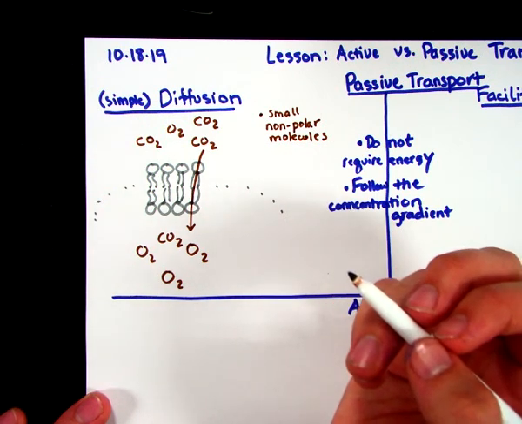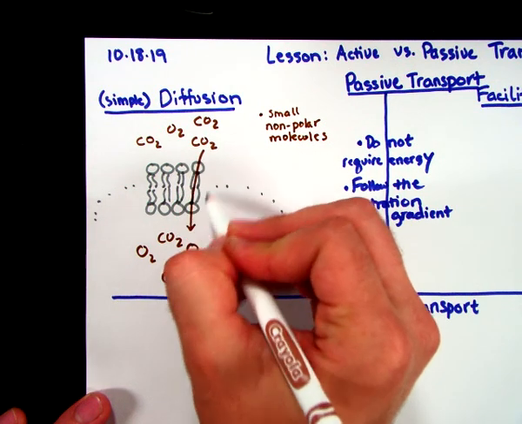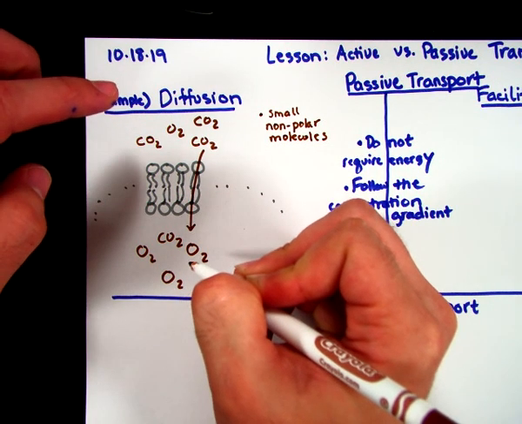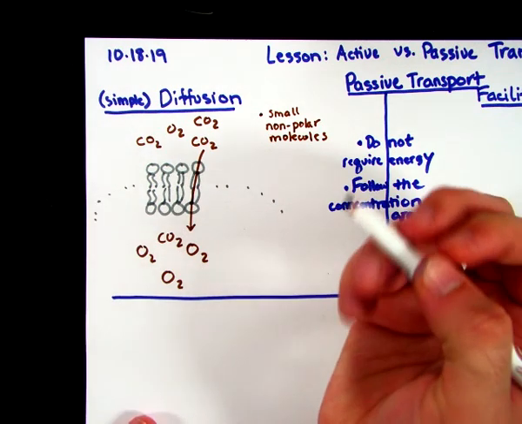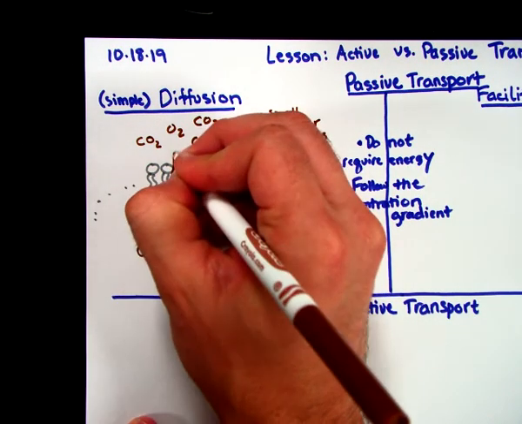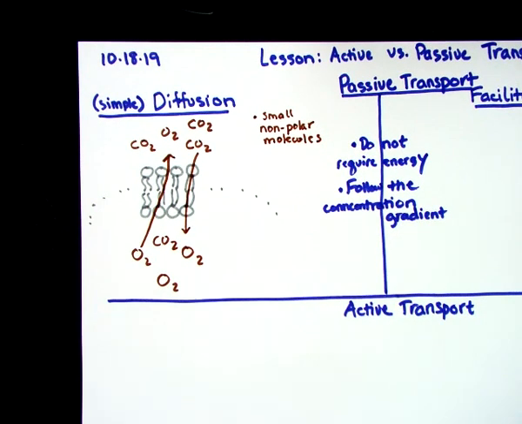In this case, imagine that this carbon dioxide moves. We'll have two carbon dioxides on both sides. So we have equilibrium. Oxygen will go the other direction because we have more oxygen on this side. Right? So diffusion just simply passes through the membrane.